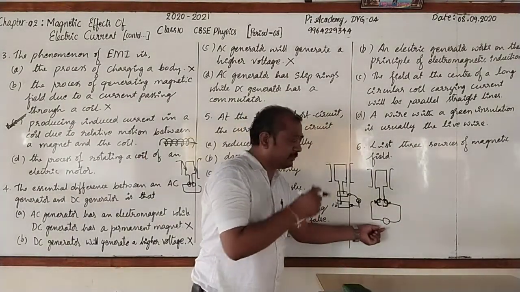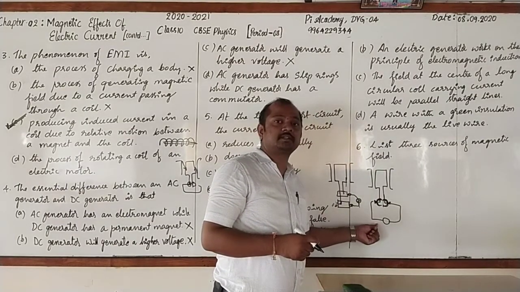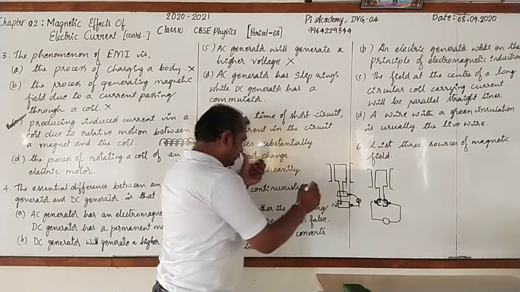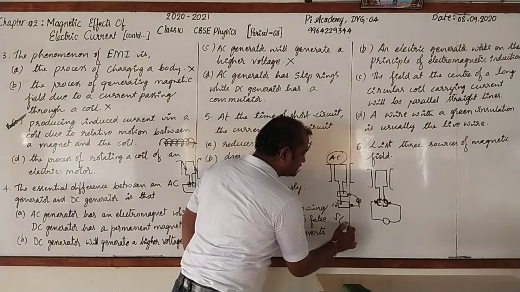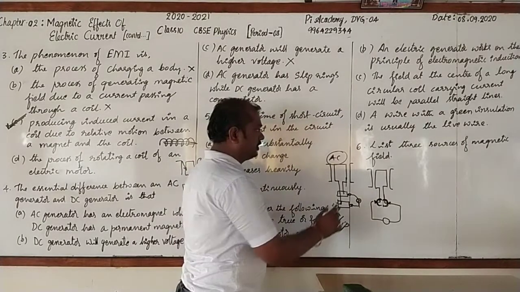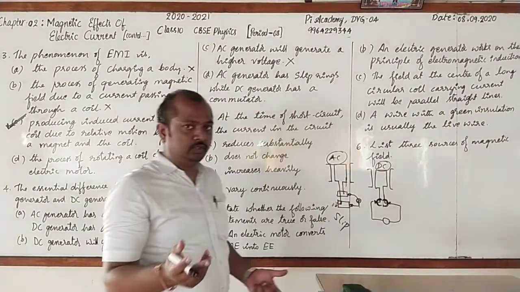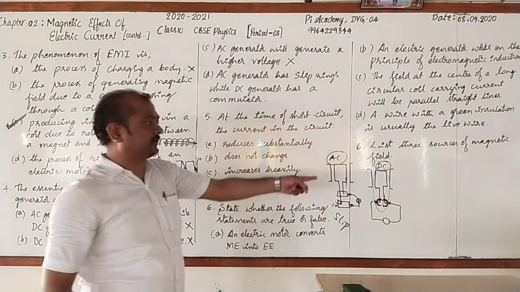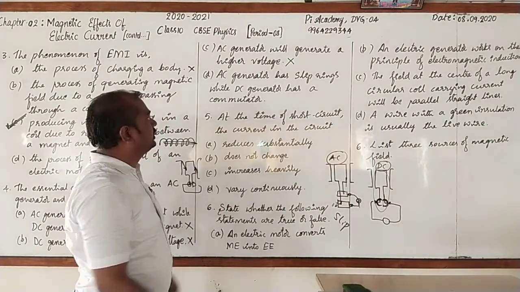Such things can be used to check whether the electricity is generated or not. Got it? In AC, full rings or slip rings are used. In DC dynamo, split rings are used. Nothing but this arrangement. It is the commutator. Armature with the split rings, that is the commutator.